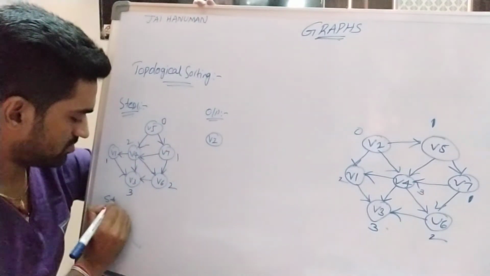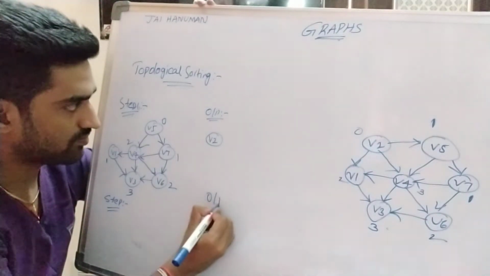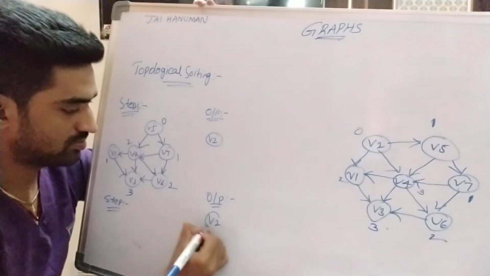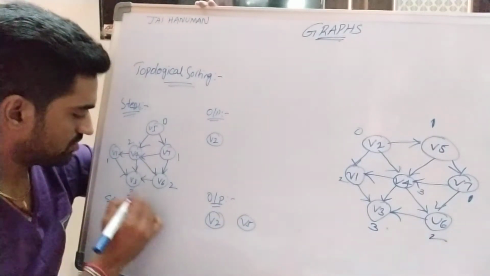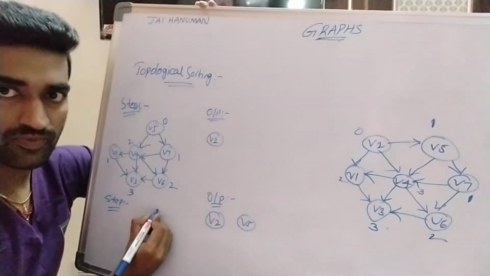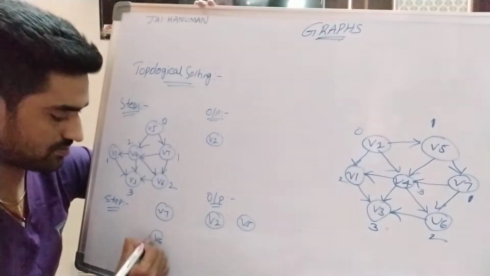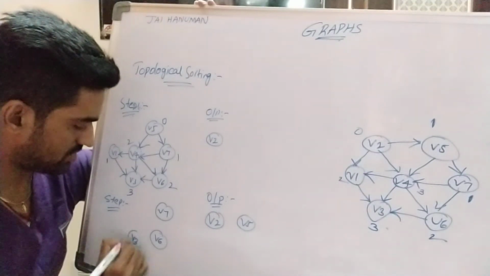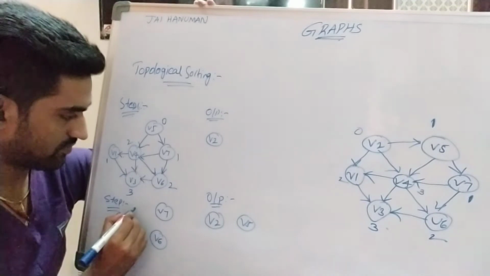So in step 2, what is the output? V2, V5, right? So here now graph becomes V7, V6, V3, V1, V4.